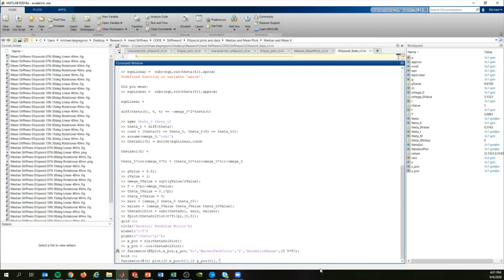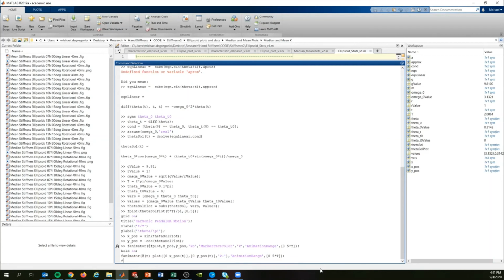We want this to be a dashed line, and that's black. We're going to set our animation range to guess what? Yeah, you guessed it, 0 to 5t. Once you did hold on once, you don't need to do it again.